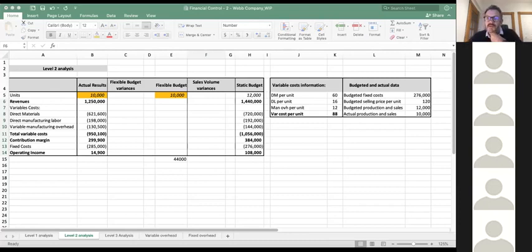Flexible budget variance 29,100. I think it rings a bell, and 64. And you should check that the sum of those two should be the same amount that we have before, 93,100, right?